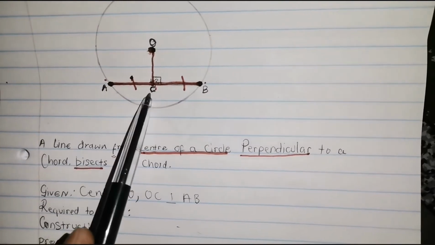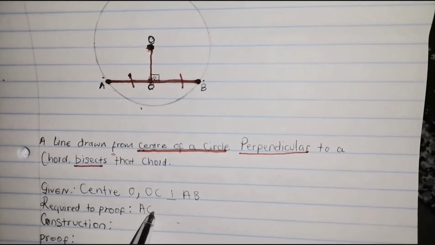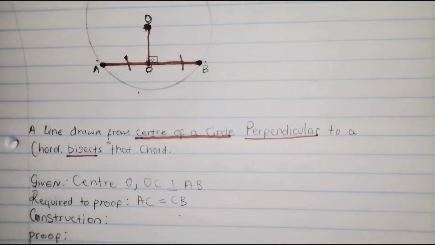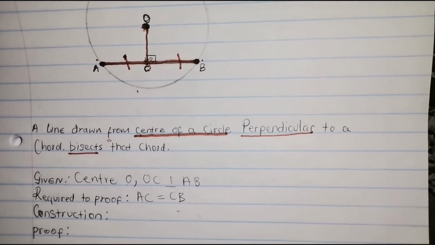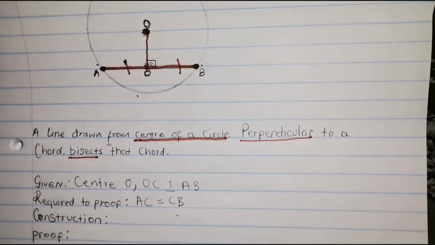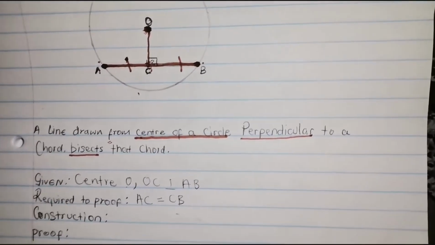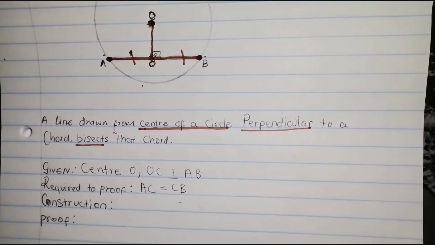Basically we're saying AC is equal to CB. We are going to prove that AC is equal to CB, guys. Then construction: you need to construct all the time. When you prove theorems, most times you are required to construct in the examination. In theorem number 1, you construct radii. I'll show you right now what a radius is and how to spot it in a question.